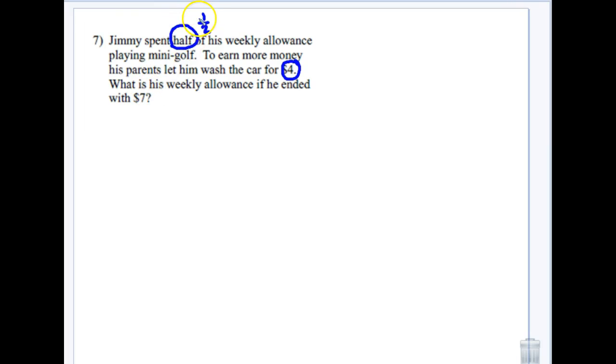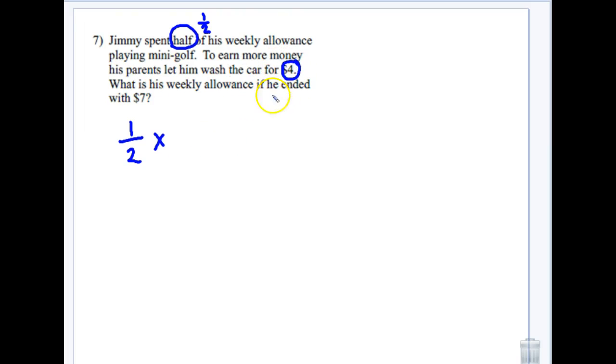Okay, so half of his weekly allowance, right? So I'm going to write that. You got to pay attention here, okay? 1/2 of his weekly allowance. We want to know what his weekly allowance is. But he earned more money, right?